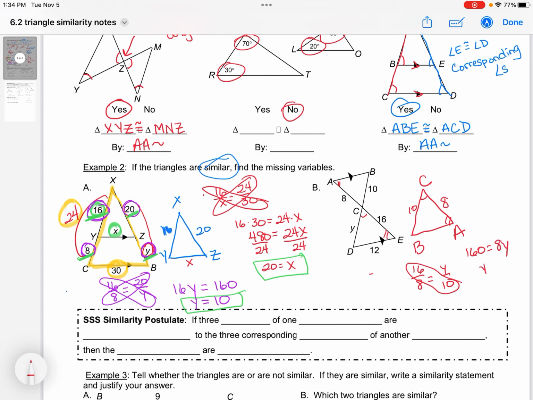Because this says y equals 20. Which would make CD bigger, which it should be.